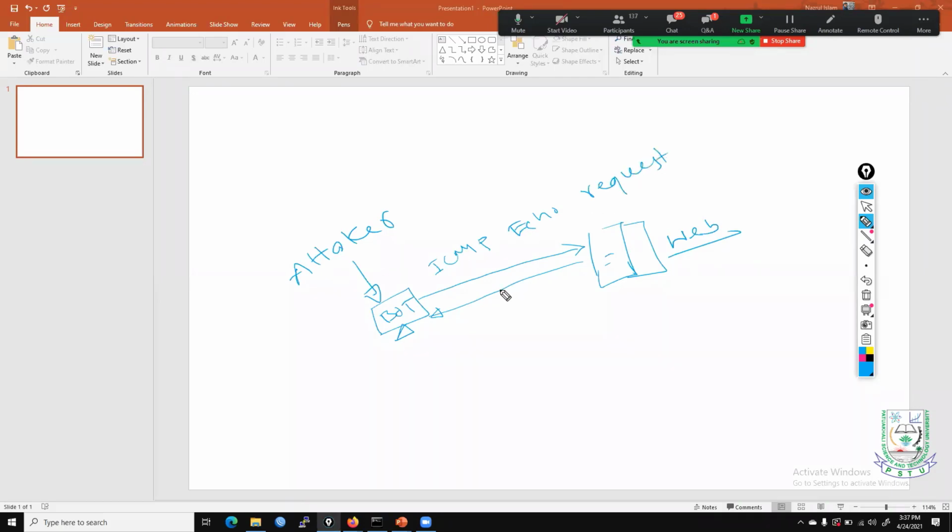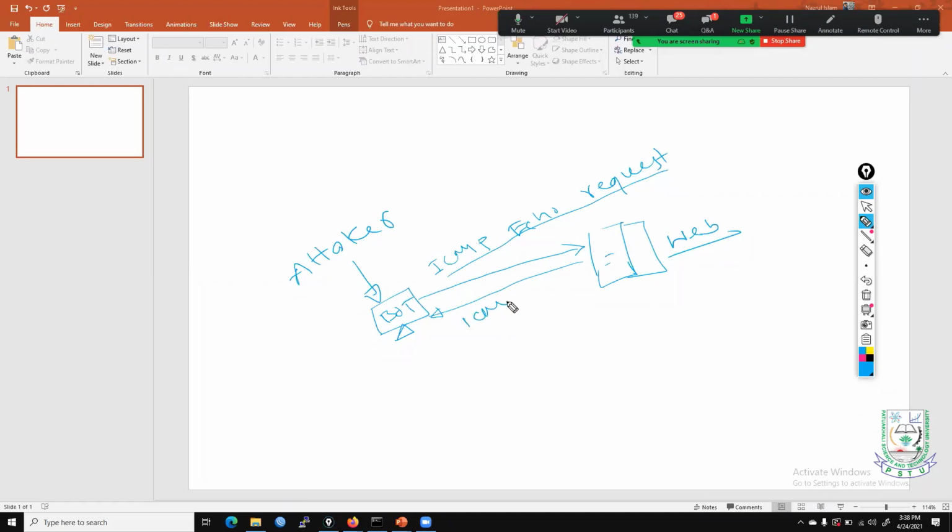Guys, I think all of you know how ICMP works. When we ping, two things happen. First, when we send a request, that is called the ICMP echo request. And when we get the ping response, it's called the ICMP echo reply.